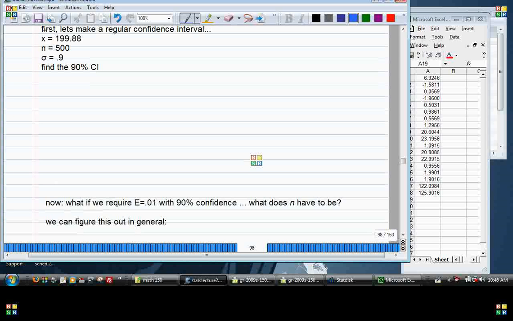You're going to have to change your n. So we need a way to figure out what n has to be. We have a formula for E: z times sigma divided by the square root of n. Now you can either plug in values and solve it out, or we can just use algebra. If the question is what does n have to be, we want an equation that says n equals.